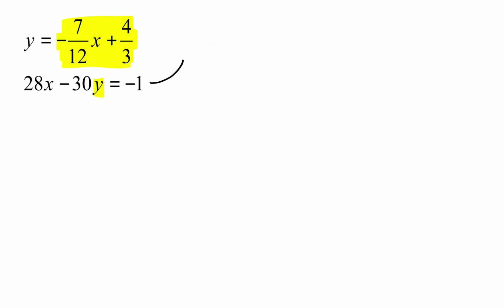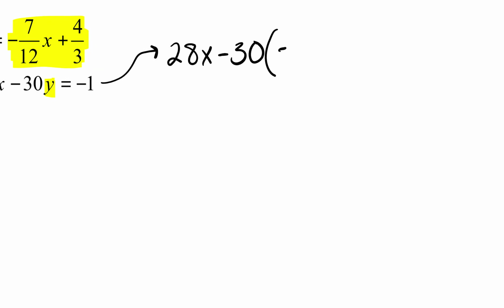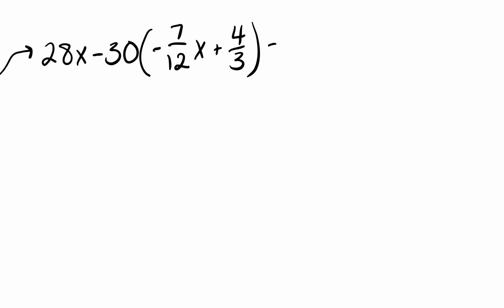So I'm going to go ahead and plug that in or substitute that in. So I have 28x minus 30, and now instead of y, remember I'm going to do parentheses and write in that top equation. And then equals -1.